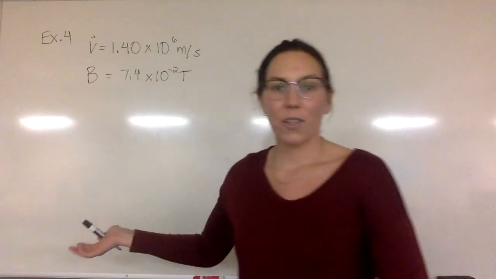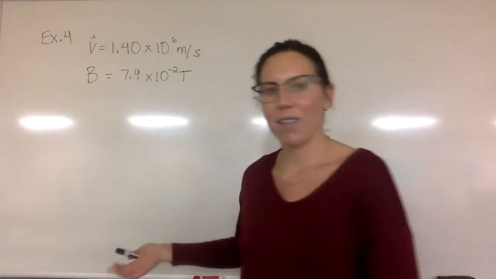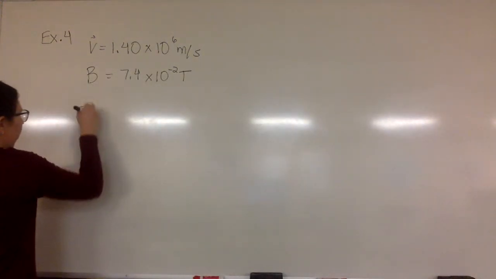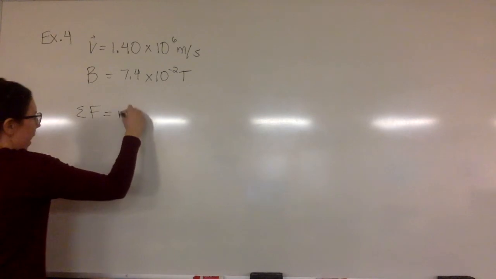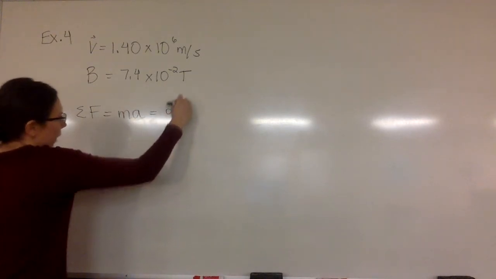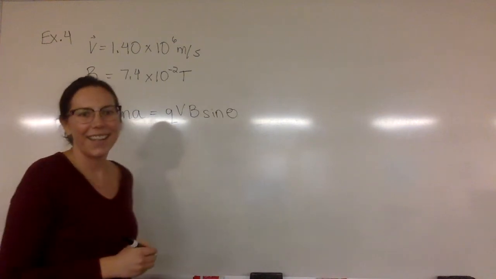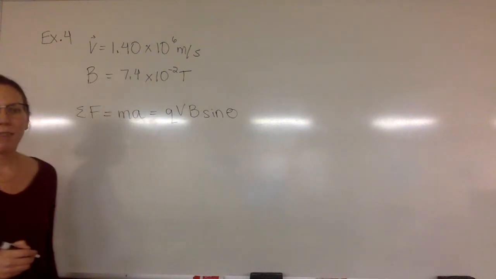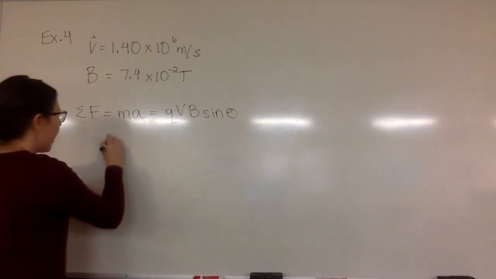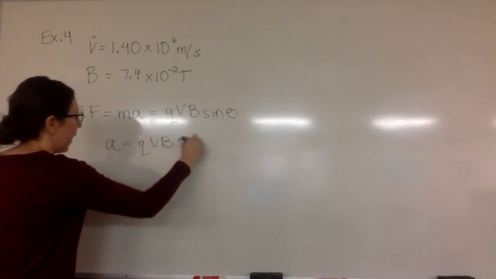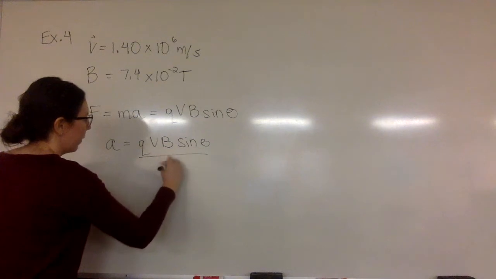So the acceleration will vary based on the direction of the magnetic force. If we look at our net force for the electron, that's ma, which is qvB sine theta. Just rearranging that for the acceleration, I have a equals qvB sine theta over m.